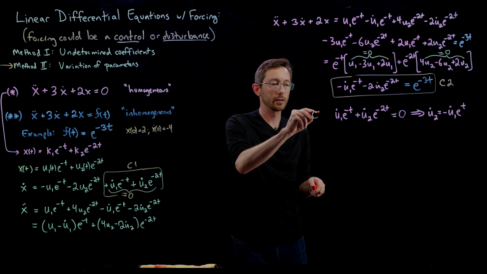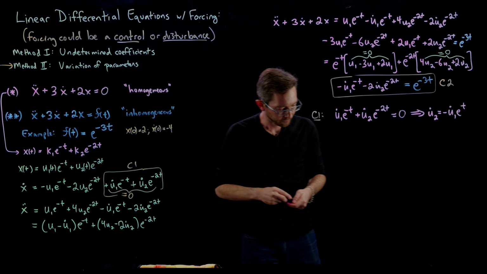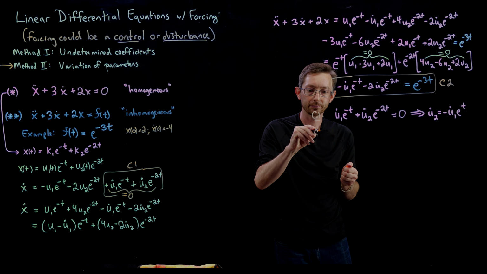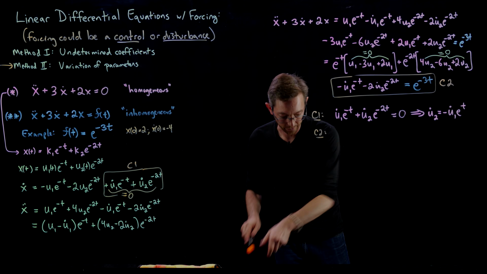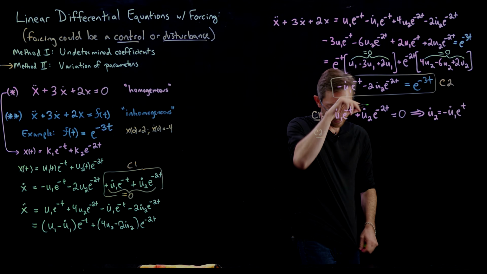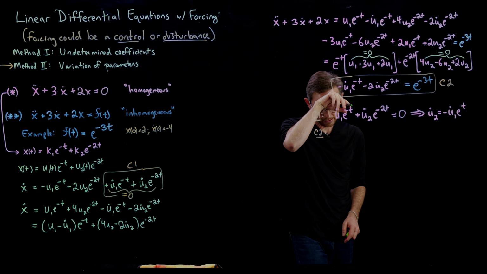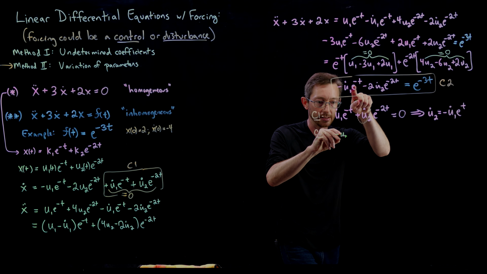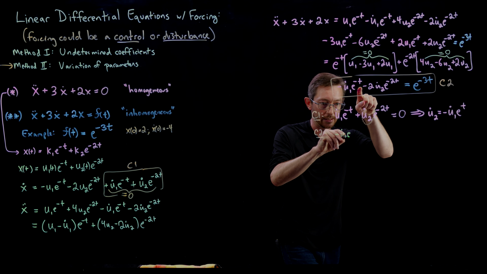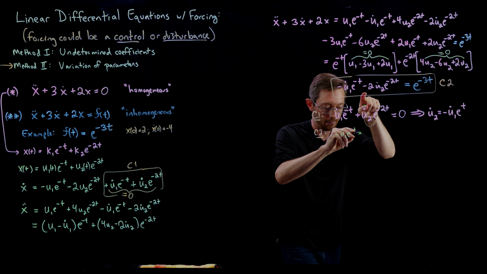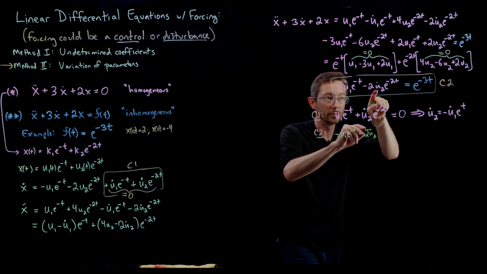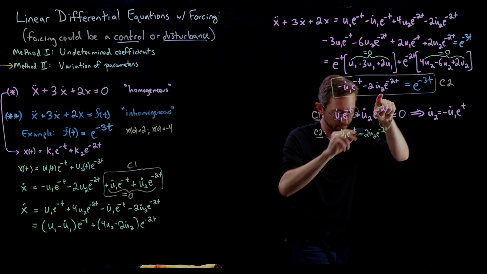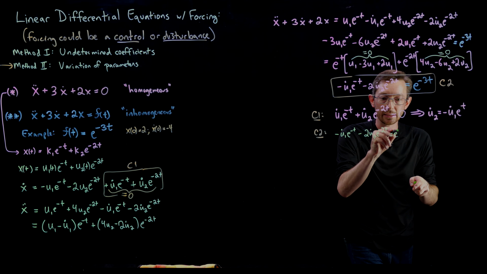So condition 1 gave me that information, and now condition 2 is going to give me the information. I'm going to say this is minus u1 dot e to the minus t minus 2u2 dot e to the minus 2t equals e to the minus 3t.